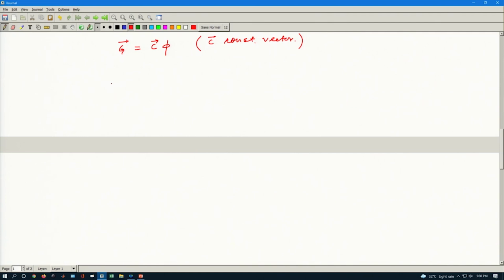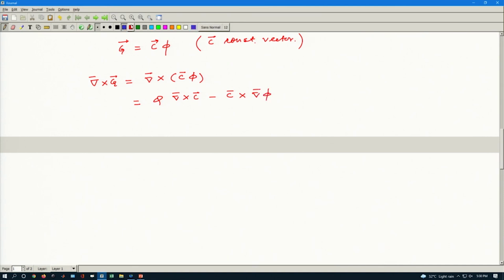Now, if I take the curl of G, what do we get? We get curl of C phi. That is simply phi times curl of C minus C cross the gradient of phi.